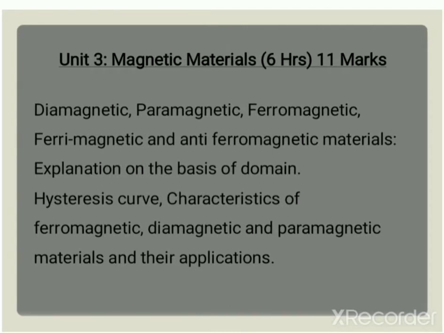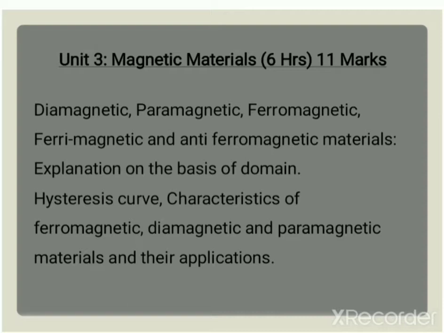Then Unit 3 is magnetic materials, and the weightage of this unit is 11 marks. We have to discuss in detail magnetic materials like diamagnetic, paramagnetic, ferromagnetic, ferrimagnetic and antiferromagnetic materials, their properties and their domain theory.